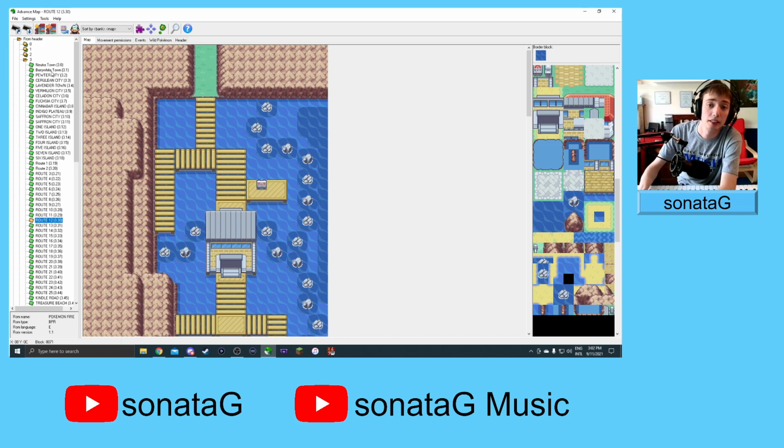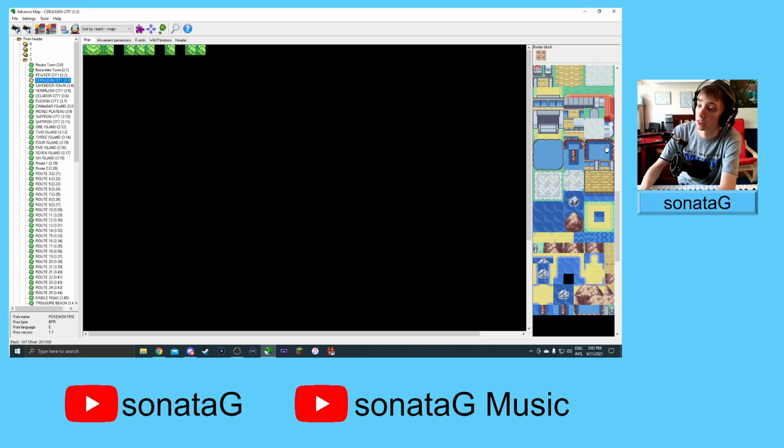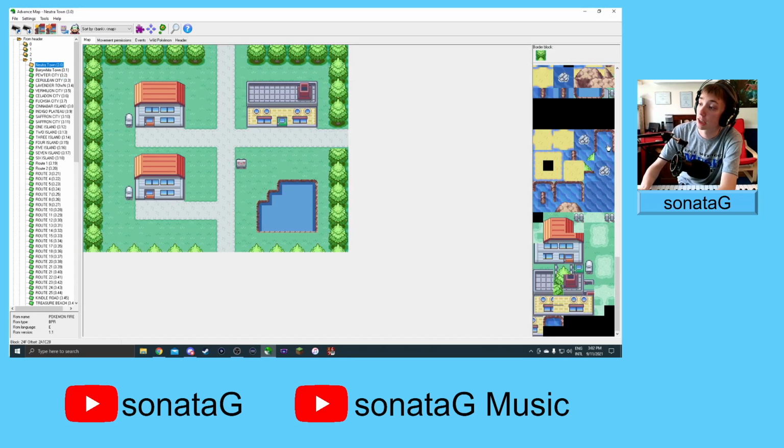If I go back to Cerulean City here, come down here, you can see that this has its own specific palette down here, right? If I come to Pallet Town, this one on the bottom, you can see it looks a little different, because these tiles here are specific to Pallet Town.